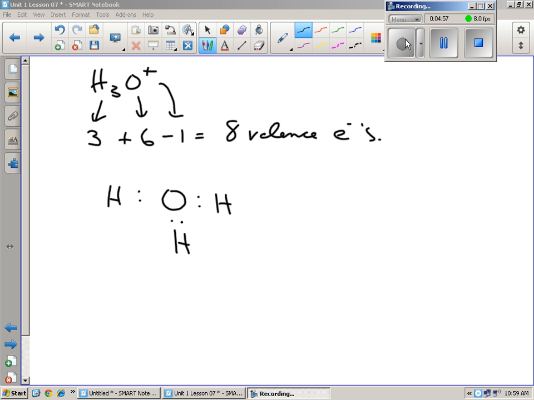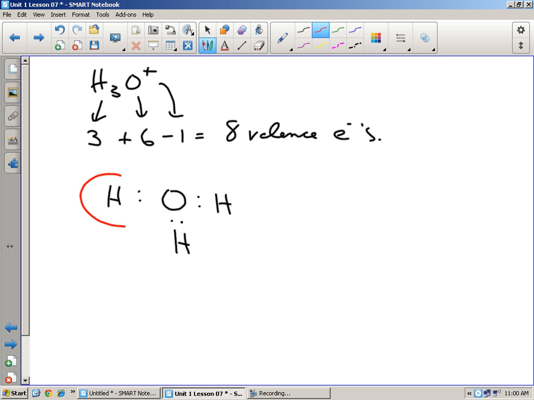I put the bonds in there. And then they're saying, go back and fill up the octet around the outside atoms first. So if I looked right here, for example, do I have to put any more electrons around there to fill up the octet for hydrogen? Hydrogen only needs 2, yes? So I'm actually done in this case. I don't have to worry about that.